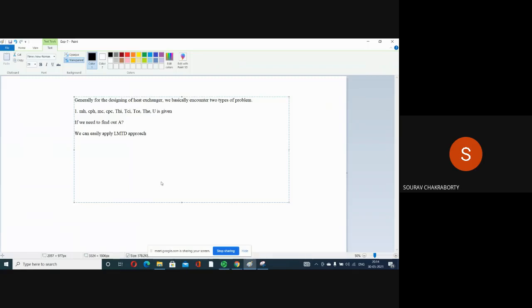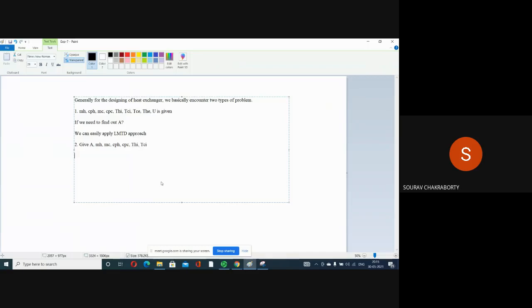But if we have a case 2, that means only the area and the following values are given: the area, then the mass flow rate of the hot fluid, then the cold fluid, okay, then CPH, that is the specific heat of the hot fluid, then the specific heat of the cold fluid, and then THI and TCI are given.